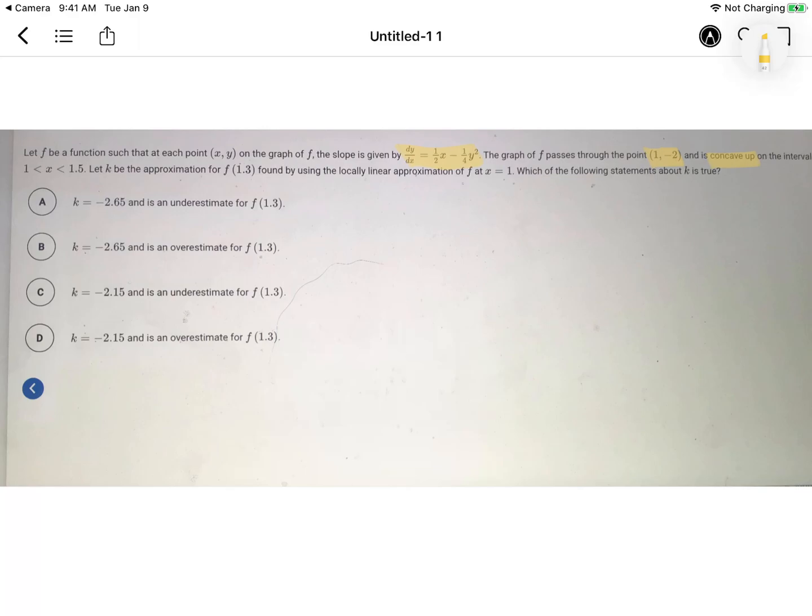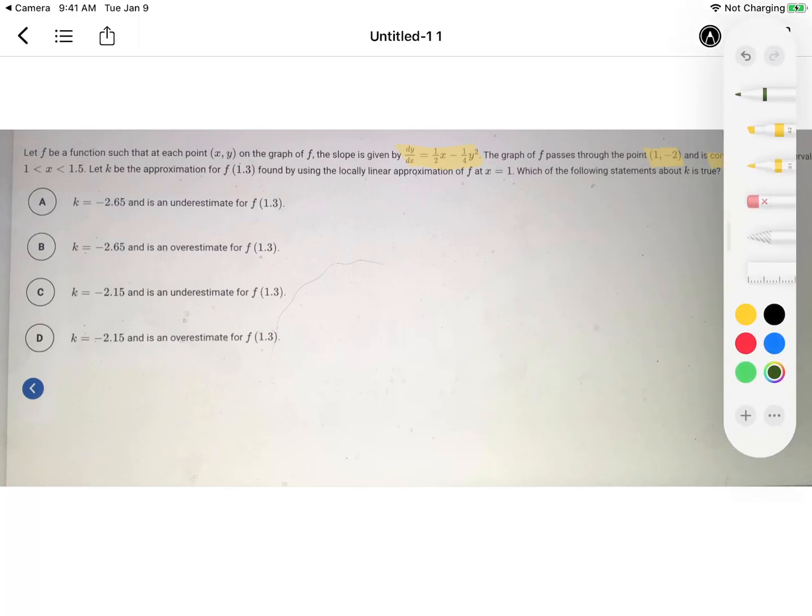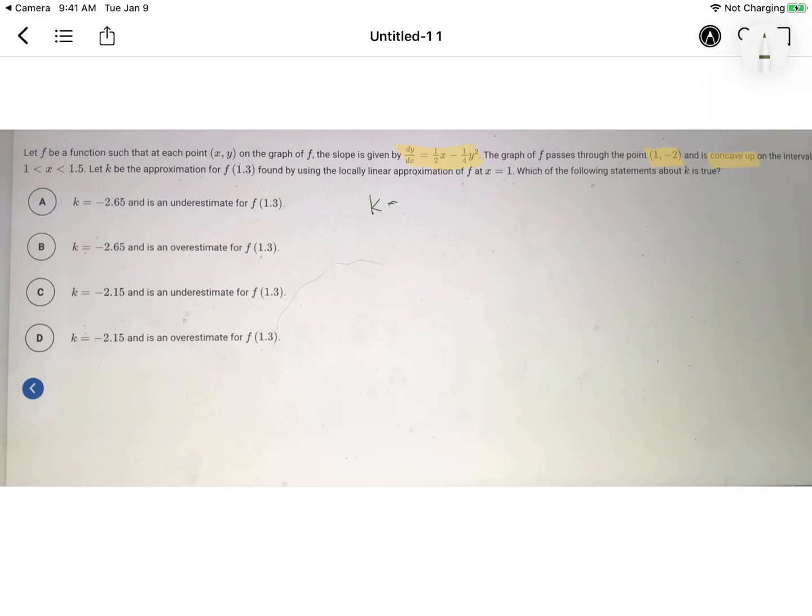So k is the approximation of 1.3. K is approximately f of 1.3. So I'm going to use the tangent line in order to find what k is. So my tangent line, and I'm looking at x equals 1. So I'm going to fill in y minus f of 1 equals f prime of 1 times x minus 1.